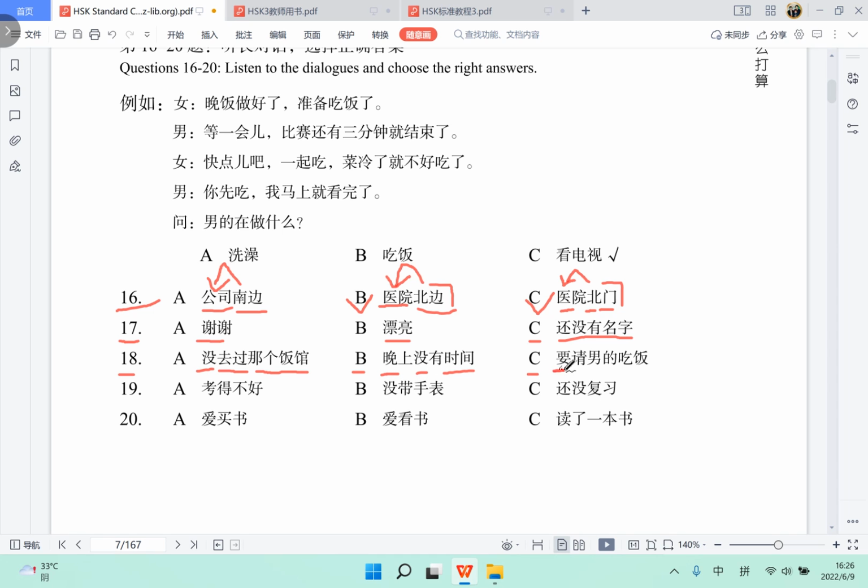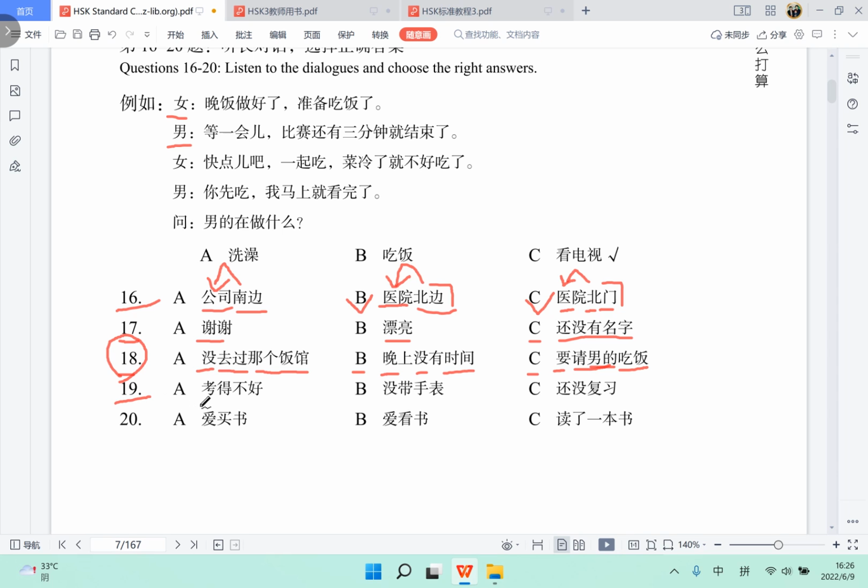And C 要请男的吃饭, so going to invite the man to have a meal, right? So I think it's going to ask something about the female, because here it is 要请男的吃饭, so only the female could invite the man. Normally in a conversation there is one female and one male. So it asks 关于女的, right, about the woman, what we know.